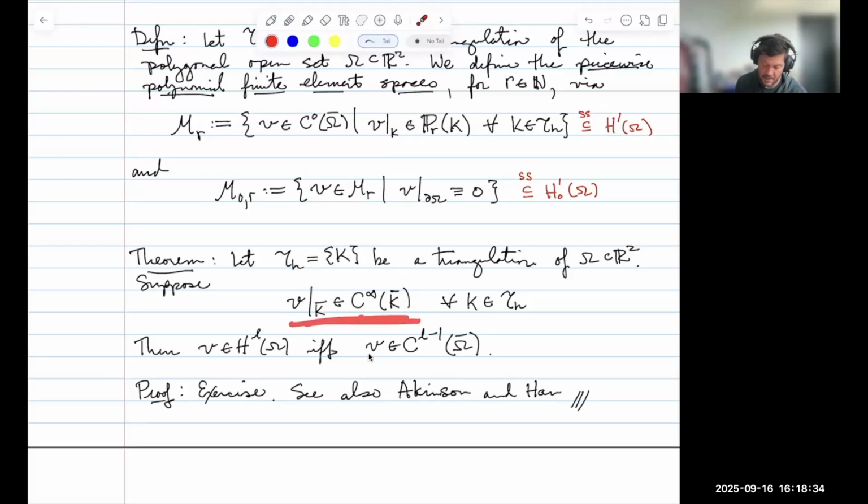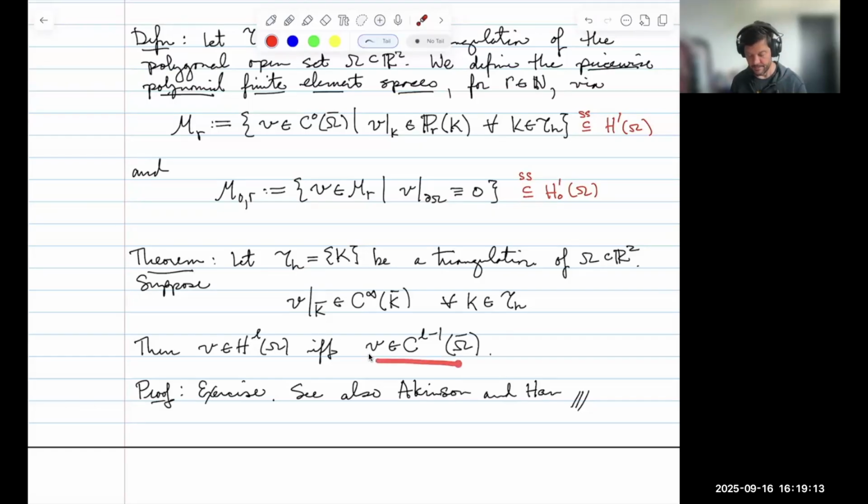I need to know the regularity on each triangle and its global regularity in terms of its classical differentiability, because this is an if and only if result. So if I go back to these two spaces here, what is it saying? Both of these two spaces are just going to be C0 spaces. So at best, these functions can be H1 functions because I have C0 here. I can set l equal to 1. l minus 1 is just 0.